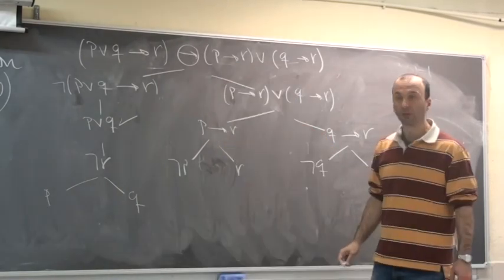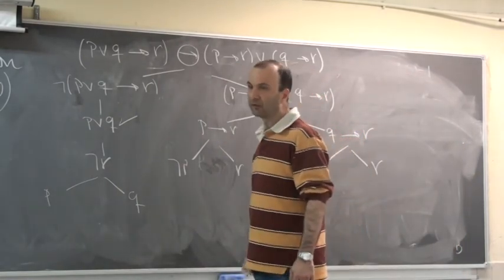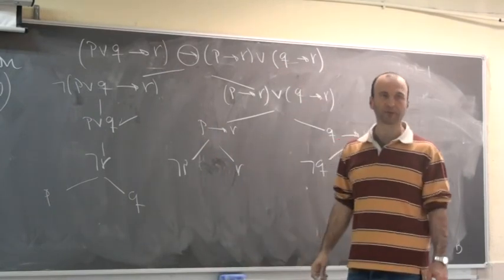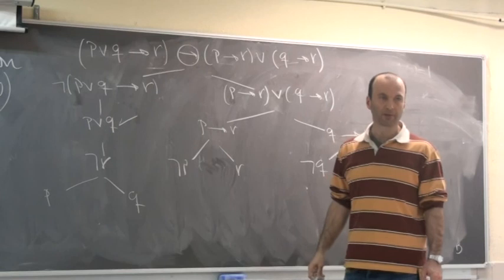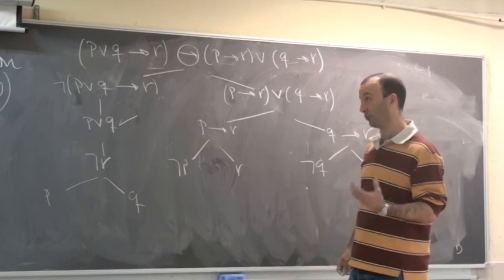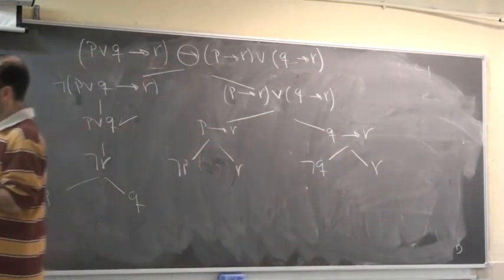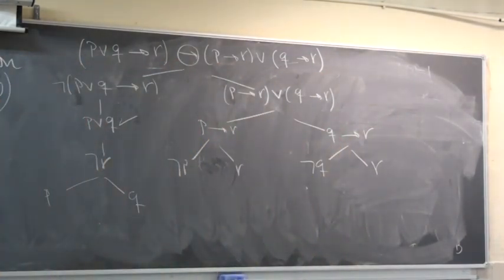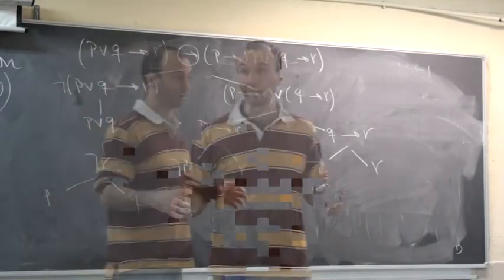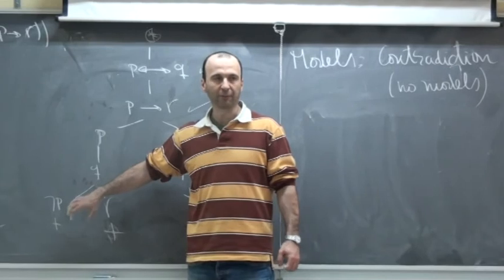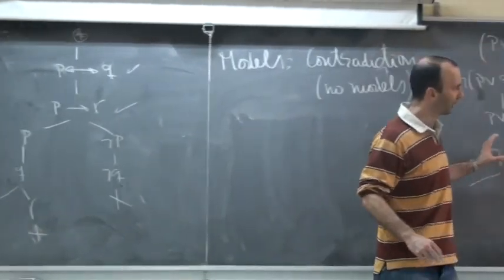So there are no closed branches. In fact, it is a tautology. Although the normal way to do it is to negate, use the fact that it's a tautology. You negate your formula because it is easier to get closed branches, because you understand why, right? Because here immediately you get many closed branches, whereas here you are going to get all the models.